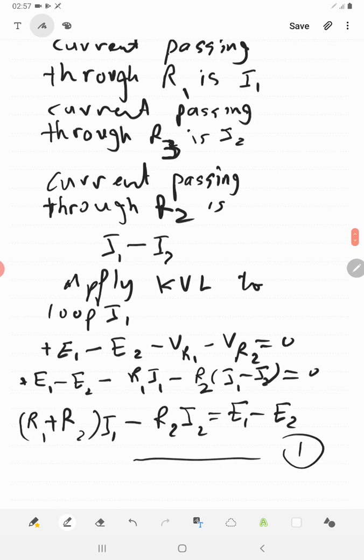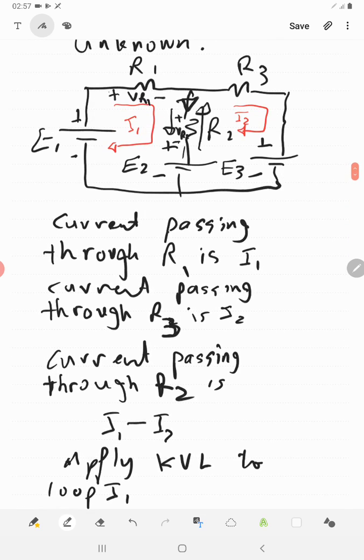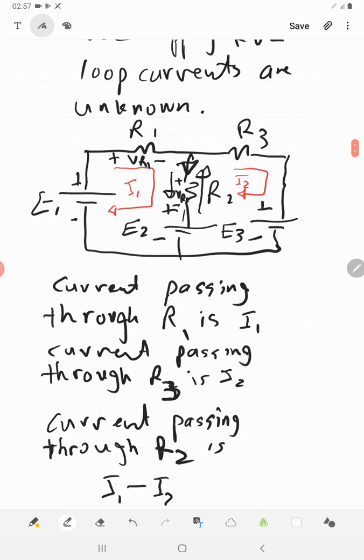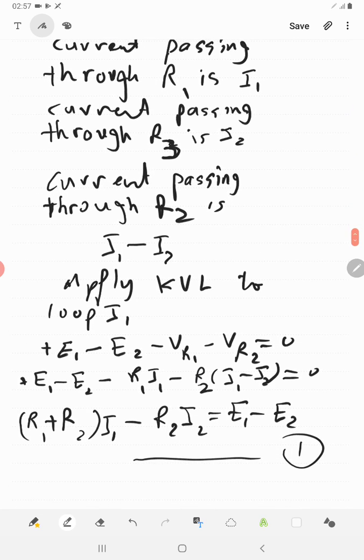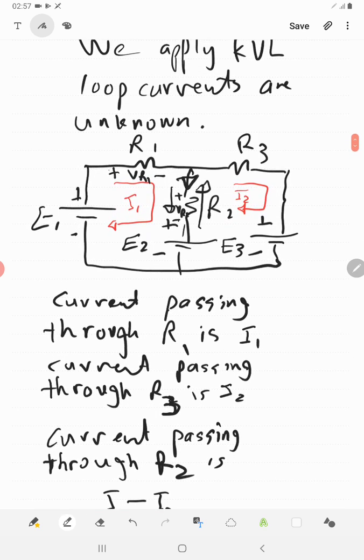Then minus I2 times R2, which is the resistance shared by both loop currents. So minus R2 I2 is equal to the sum of all voltage sources, E1 and E2. E1 is in the same direction as loop I1, so we give it a plus sign, while E2 is in the opposite direction of loop I1, so we give it minus.